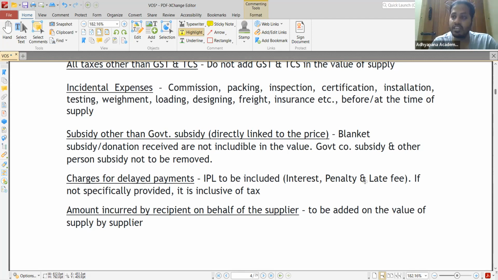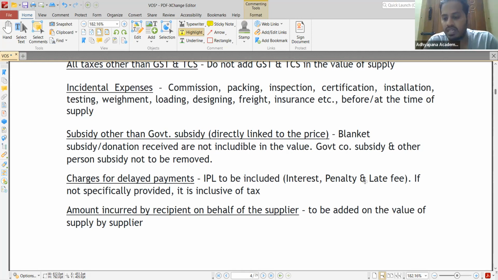If he paid additional GST on that penalty, which is 10,000 plus GST, then the value of supply is 10,000. If he has paid only 10,000, then 10,000 is inclusive of GST.